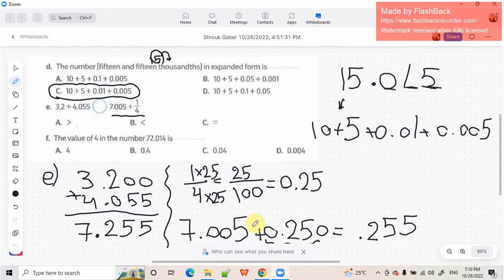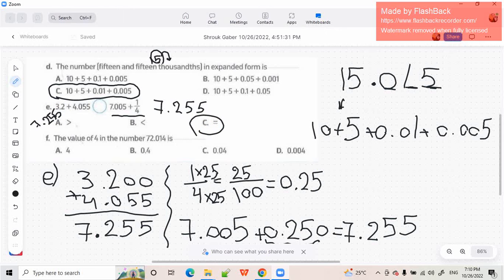Decimal point. 0 plus 7 equal 7. Okay, so the answer here will be 7.255, and here we have 7 and 255 thousandths.